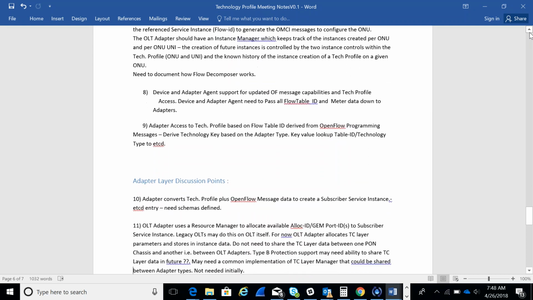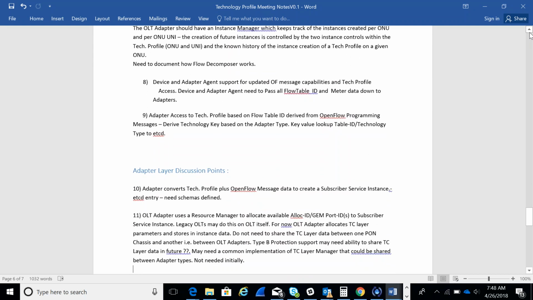And so point 8, device and adapter agent supports for updated OpenFlow message capabilities and technology profile access. The device adapter and agent need to pass all flow table ID and metadata down to the adapters. So that's just making a statement that that information needs to flow down to the adapters, the OLT adapters and ONU adapters.